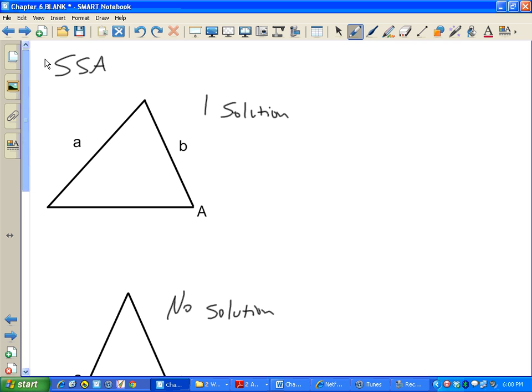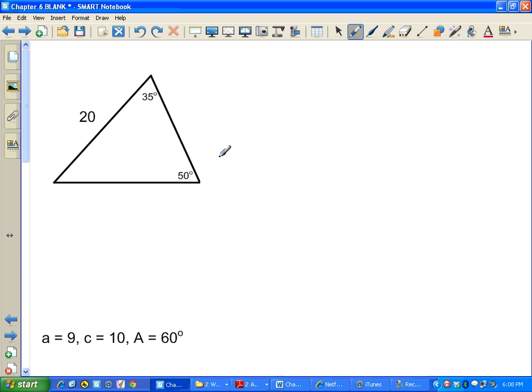Let's run through some examples using the law of sines, and we'll see where we have the ambiguous case. This is angle, angle, side, so I can do this one because the sine of 50 can go over 20, and that should equal the sine of 35 over whatever this is.